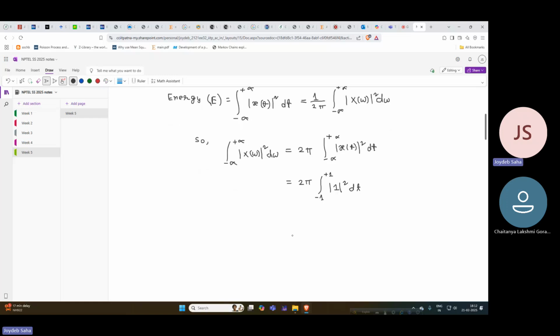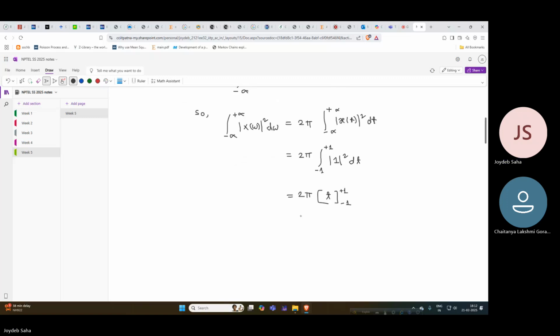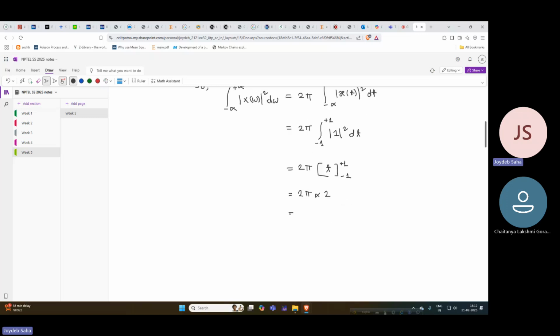Okay, is it understandable? Then we will get 2 pi multiplied with t from minus 1 to plus 1, is equal to 2 pi times 1 multiplied with 2, is equal to 4 pi.